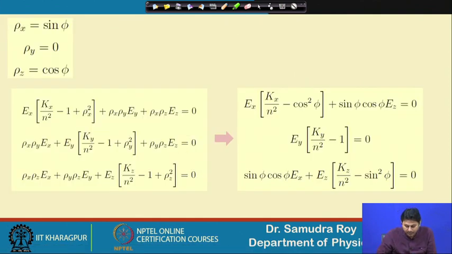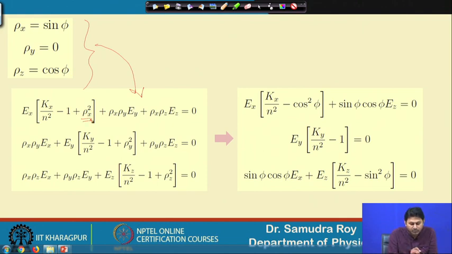Okay, this is the total picture right now. So, now my rho x, rho y, rho z is this. If I put these rho x, rho y, rho z into the three mother equations, the most general equations of E x, k x and k y, then these values are replaced.